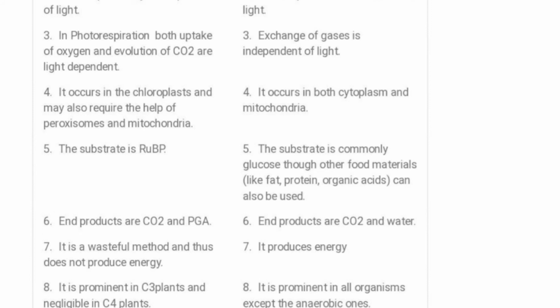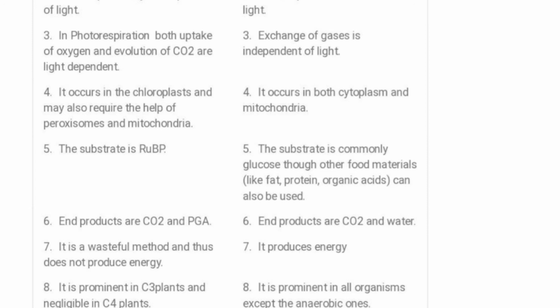Now, point number 7 is that it is a wasteful method and thus does not produce energy. I have already told you. Here it has been written, wasteful method. You know why? Because, once again I'm repeating, in this process carbon dioxide is not fixed, but the fixed carbon dioxide is removed. Clear?